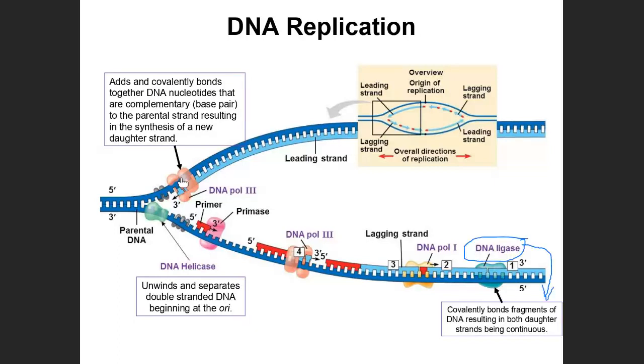The job of DNA ligase, okay, is to covalently bond the fragments of DNA together. In other words, if you recall, I said this little strap part here, not the teeth, but the little strap part here. What does that strap part represent, everybody? It doesn't matter if it's in dark blue, it doesn't matter if it's in light blue. What does this solid little strap, not the little teeth that are connected, but what do these solid little straps represent?